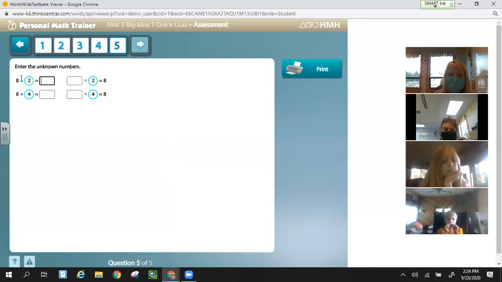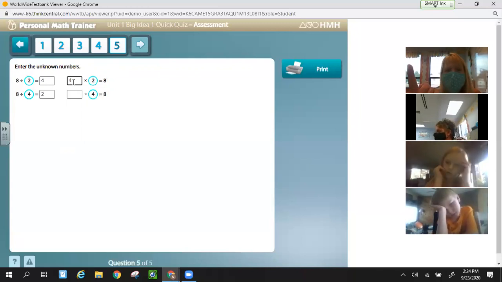All you had to do was say 8 divided by 2 is 4, because look, 2, 4, 6, 8. There's 4 2s in 8. If you know 8 divided by 2 is 4, you know 8 divided by 4 is 2. If you know 8 divided by 4 is 2, you know 4 times 2 is 8.